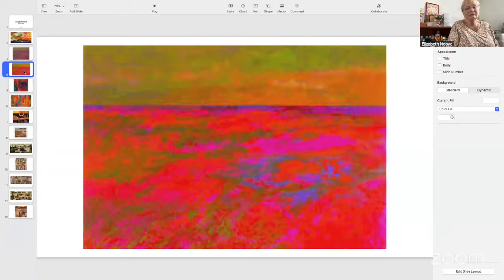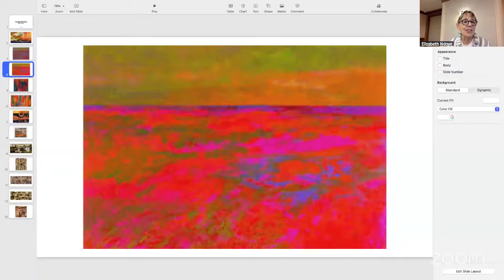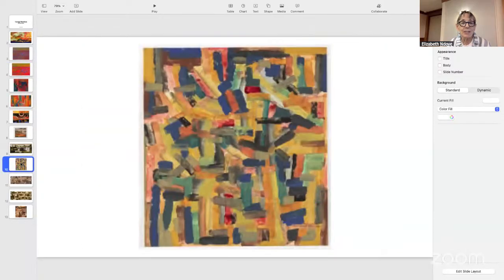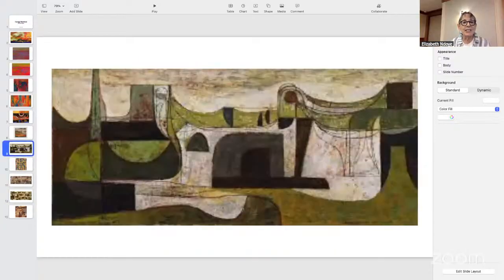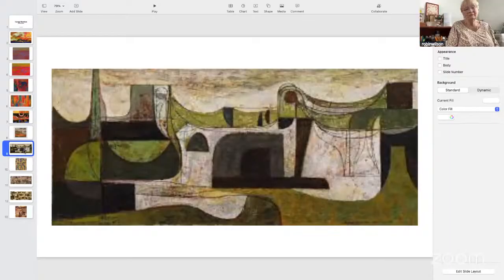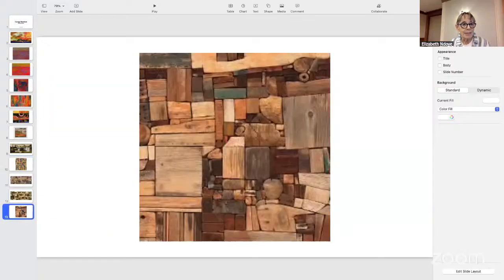How extraordinarily colorful his paintings are in contrast to something that looks like this. Mm. This is amazing. Yeah. Wow. Or something like this. I feel like there's more of an affinity between these paintings and the wood pieces.